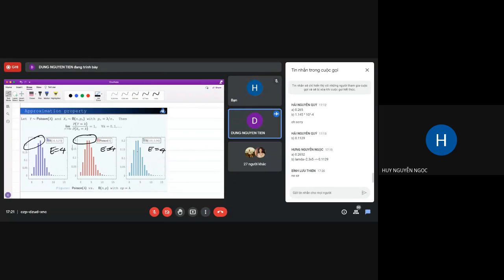Okay. So what is the point? The point is that in the first case, n is only 16. In the last case, n is 100. So it seems that if n is big enough, a binomial distribution is very close to a Poisson distribution. Do you understand? All right.